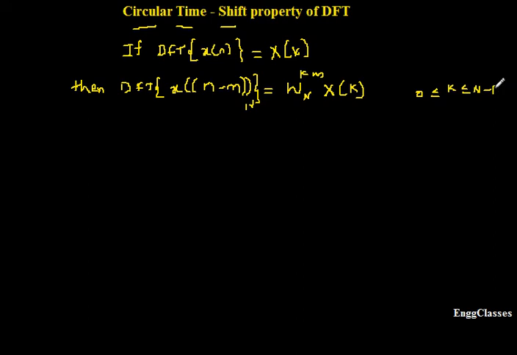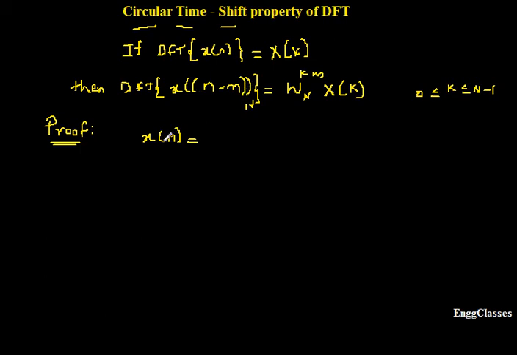So this thing I need to prove. For this, I'll just start with the proof. To prove this, I'll start with the equation for IDFT. I'll consider this x of n, because I want x of n minus m.